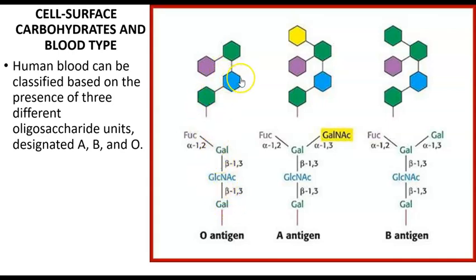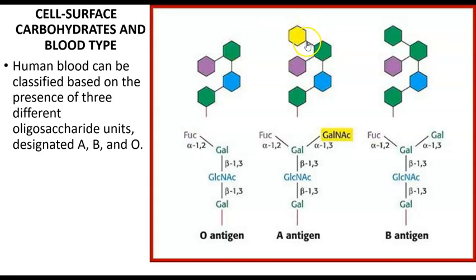These are different types of sugar molecules that look different, and they determine which type we are. So that's why O blood types are commonly desired, because when we add these different groups on the top, they look a little different, and some people will reject them.